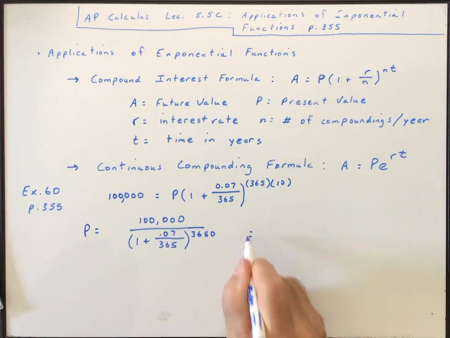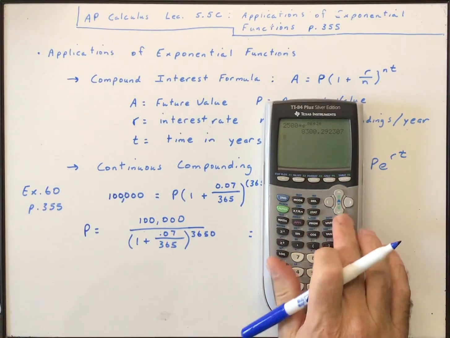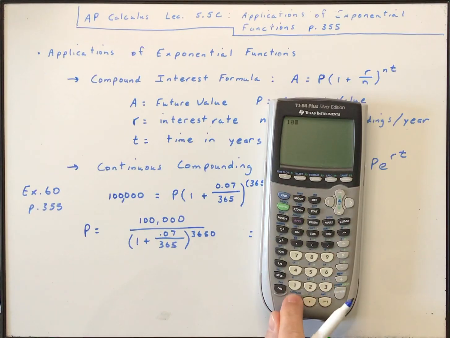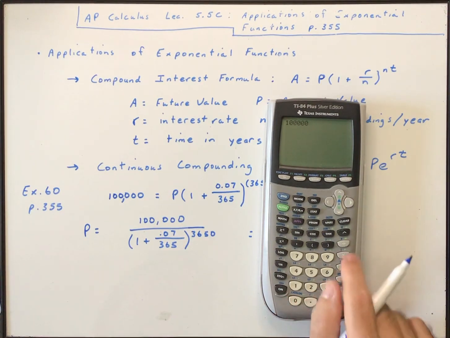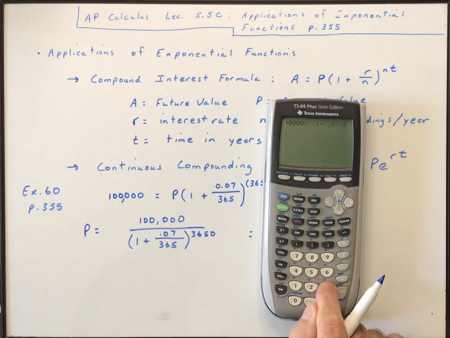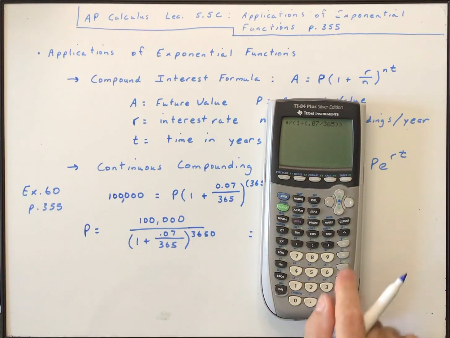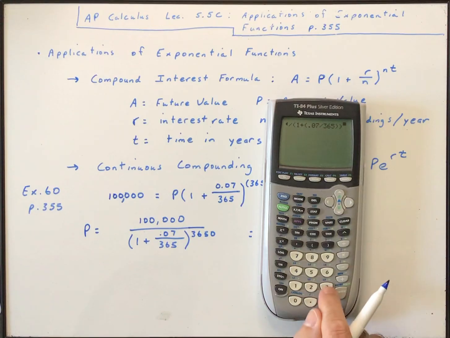Okay, so let's put that in the calculator. It'd be 100,000 divided by left parenthesis 1 plus left parenthesis 0.07 divided by 365 right parenthesis, again raise that to the 3650 power.